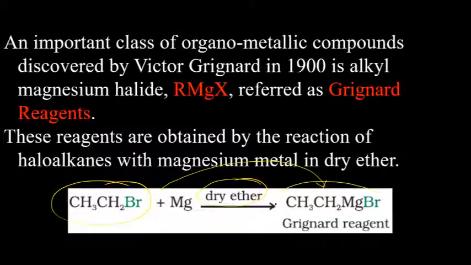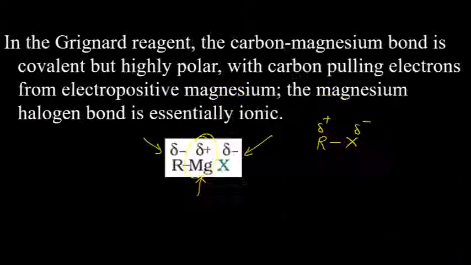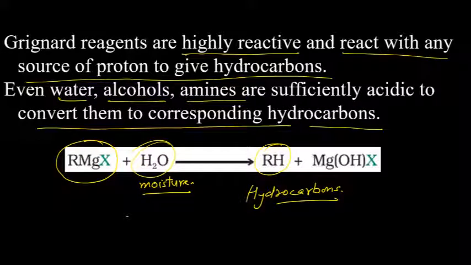Because otherwise this Grignard reagent will react with the moisture of the air and you will not get Grignard reagent. You will rather get the hydrocarbons. So you can convert alkyl halides to hydrocarbons by first converting these to Grignard reagent and then getting this Grignard reagent reacted with water or even moisture, you will get hydrocarbon.